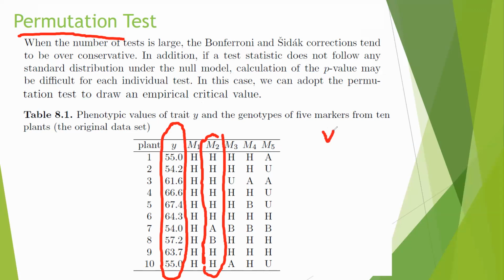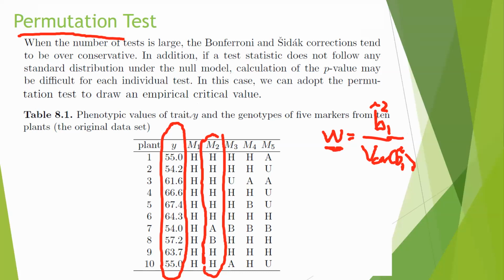Suppose we get a Wald test statistic based on the original data. This is B1 squared over the variance of B1. Let's say this is the test statistic generated from the original data. Okay, we're going to do permutation now.